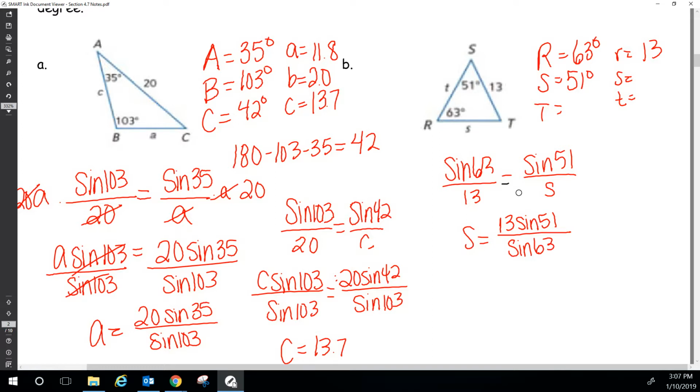Again, when you're solving this equation, that takes you back to junior high math. So I feel confident that you can get to this part. And then you're going to plug this into your calculator. And for little s, you should get 11.3. If you're having a hard time getting it into your calculator and getting the right answer, come see me and I'll help you with your calculator.